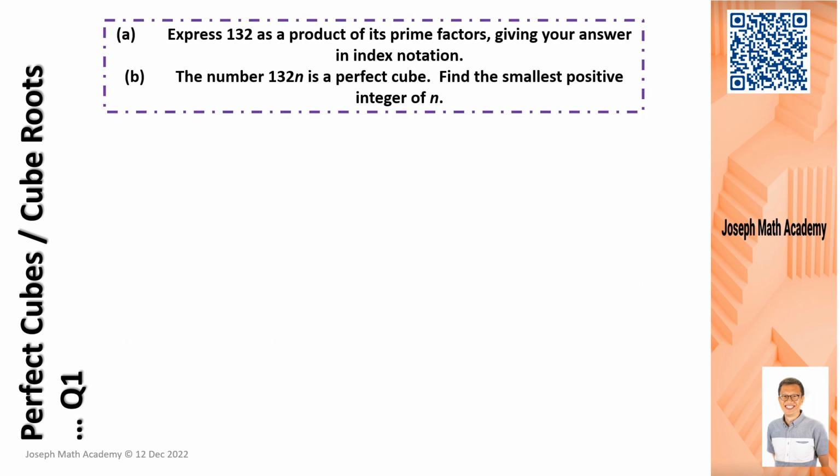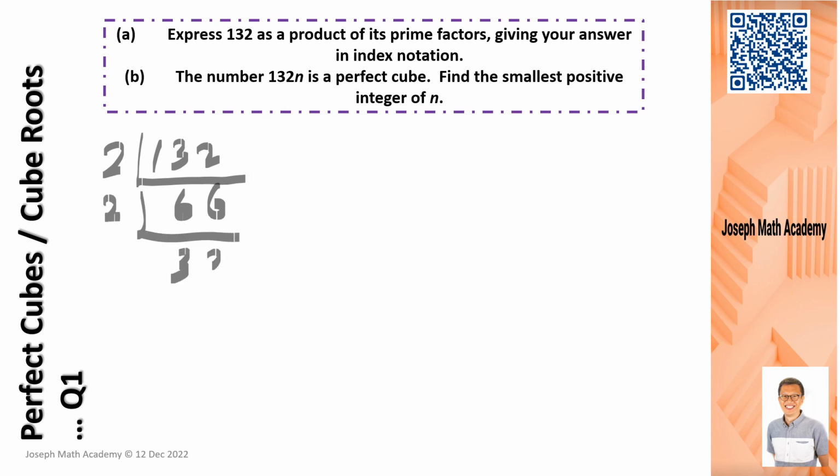Let's take a look at question A. To express 132 as a product of its prime factors, we will do it using repeated division. Since 132 is an even number, we start off with the smallest prime number, which is 2. So we get 66 here.